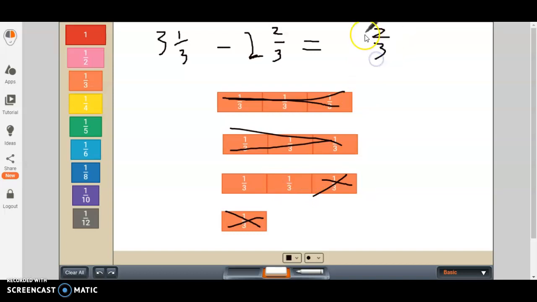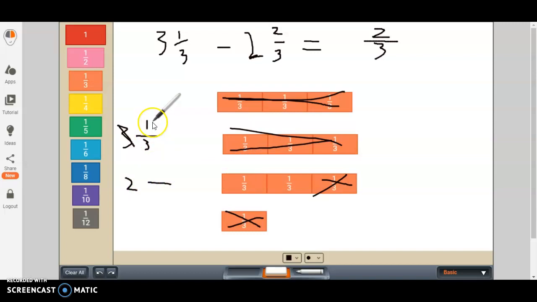Now, if you wanted to do it with the regrouping, well, let's see. 3 and 1/3. If I take away one of these, it becomes 2. And I'm adding on a whole number.